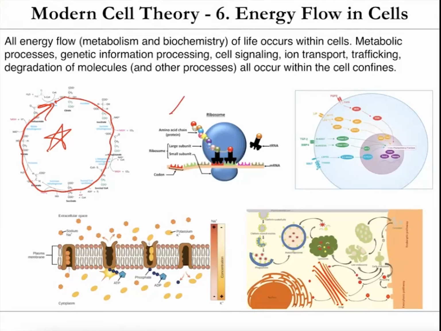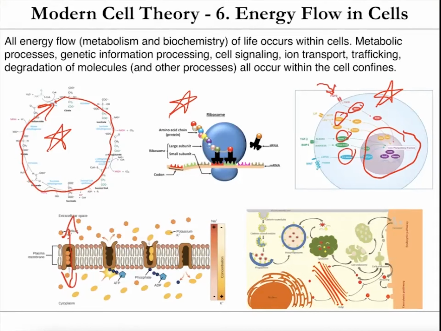Genetic information processing like DNA replication, transcription, and translation, that all occurs within cells. So cell signaling. Even though these signals may come from outside of the cell, the function of them is to make these signaling pathways that will change the overall status or metabolic state of something involved in that cell. Same with processing of ions.